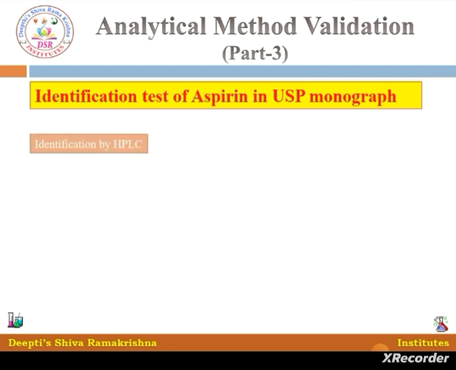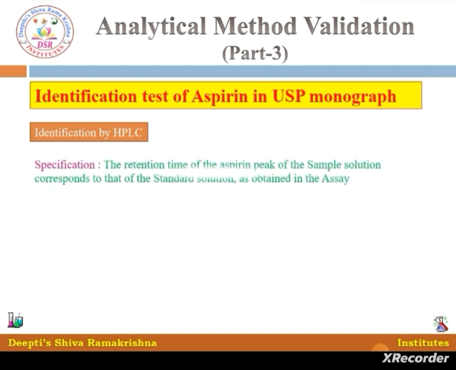Coming to the next test parameter. Identification by HPLC is one more test given in the aspirin USP monograph. The specification is given as: the retention time of the aspirin peak of the sample solution corresponds to that of the standard solution as obtained in the assay.